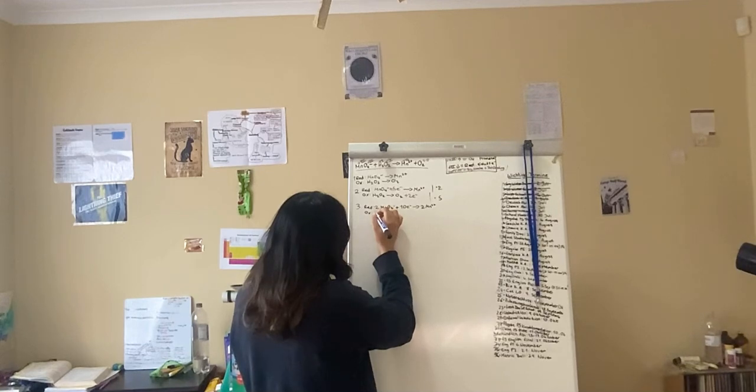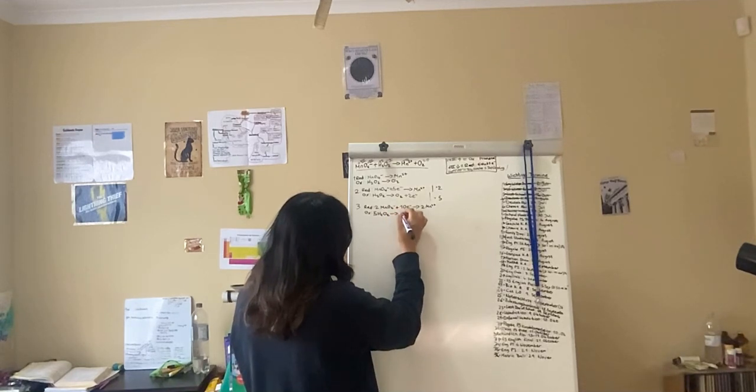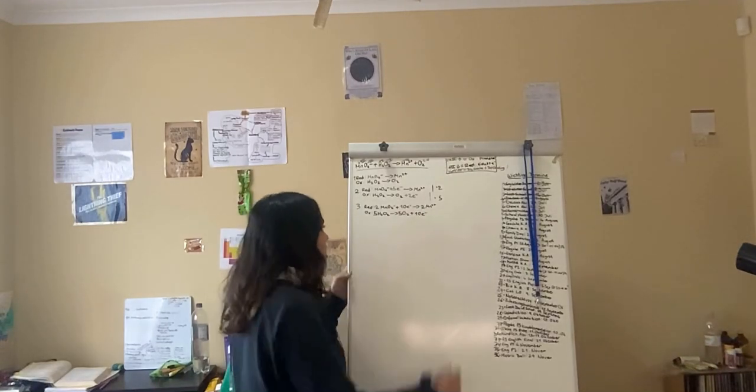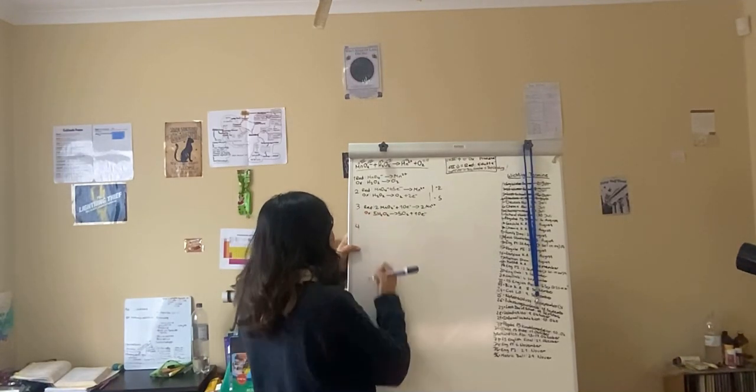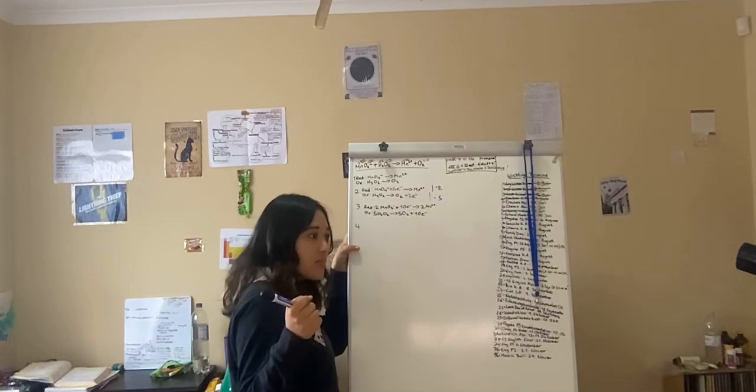Ox is 5 H2O2 reagiert zu 5O2 plus 10 E minus. Wow. And now you're gonna do the abstreiching, the kürzing.